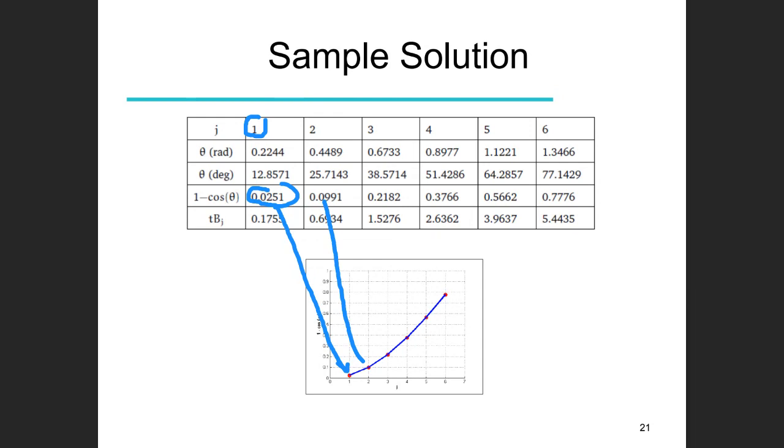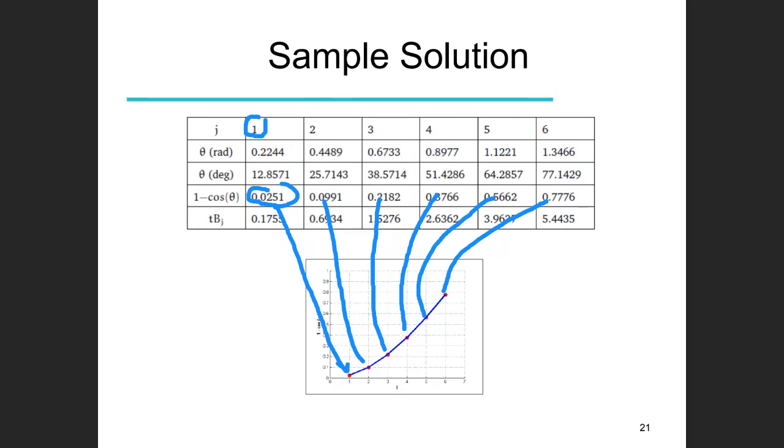This point is showing this value when j is equal to 3. This is showing this value when j is equal to 4. This point is showing this value when j is equal to 5. And this point is showing this value when j is equal to 6. So these are showing the points for the in-between frames.